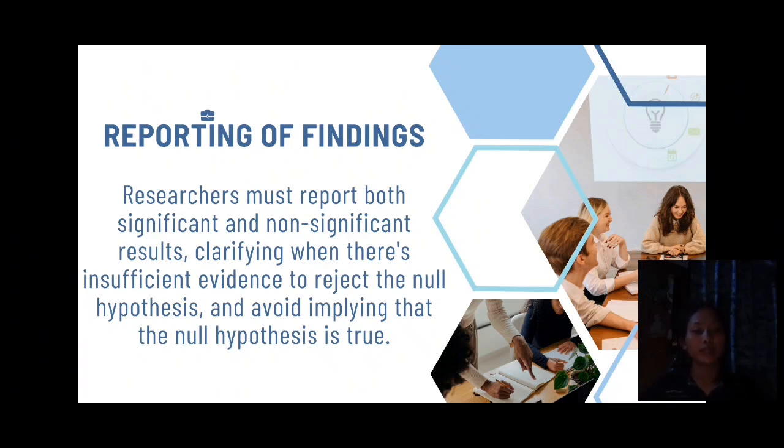It simply means that based on the sample and data collected, there is not enough evidence to conclude otherwise. The result indicates a lack of evidence against the null, not confirmation that it is correct. Honest and complete reporting of all results helps ensure accurate and unbiased research.